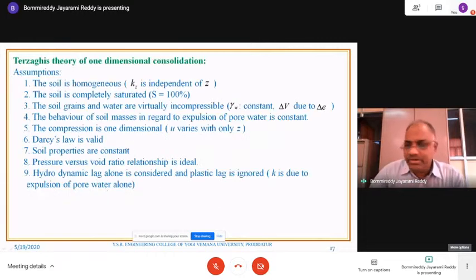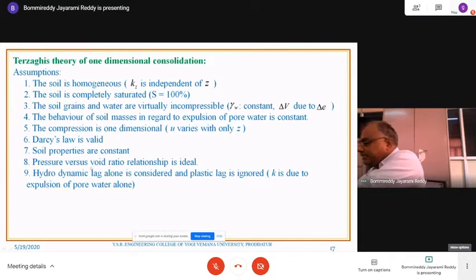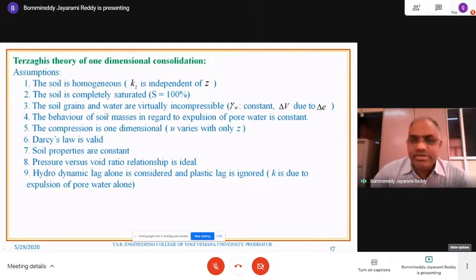Now, Terzaghi's theory of one-dimensional analysis. Terzaghi assumed several things for deriving some relations for consolidation purposes. Soil is homogeneous.